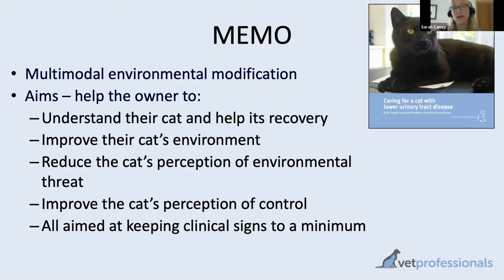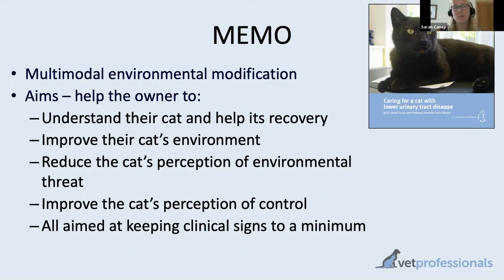He published a paper about 15 years ago now, where he followed this strategy with really severely affected cats, cats where the owners were sadly considering euthanasia because the cats were suffering so badly from this condition. And it had thus far been so difficult to manage them.